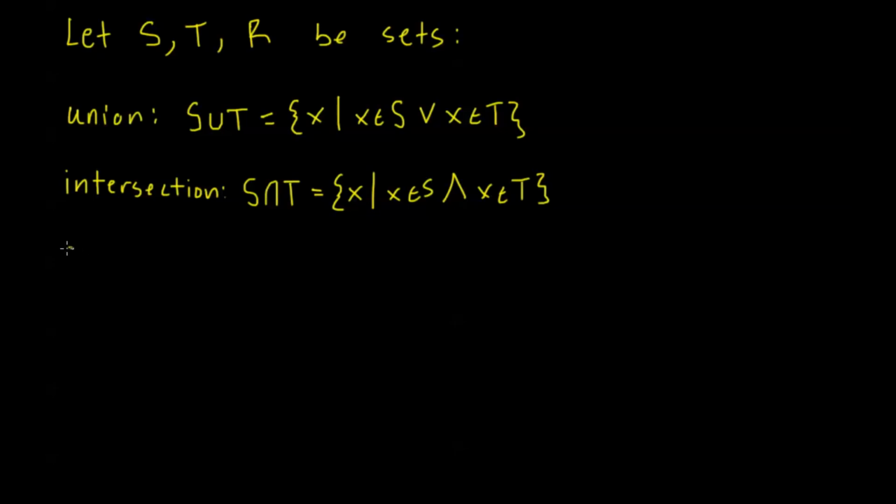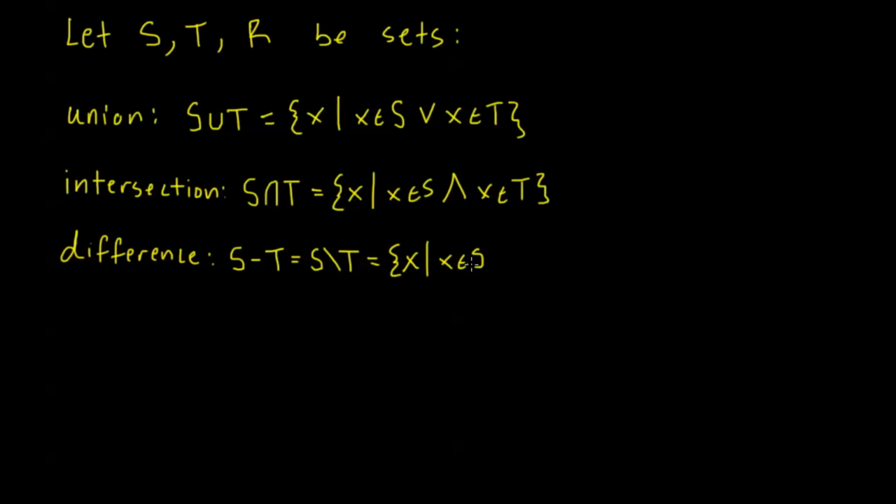Now we also have a difference. The difference can be denoted a couple of different ways. Sometimes you'll see it S minus T, but this is the same thing as S and then it's kind of / T. And what this means is this is going to be the set of all of elements that are in S and are not in T, right?